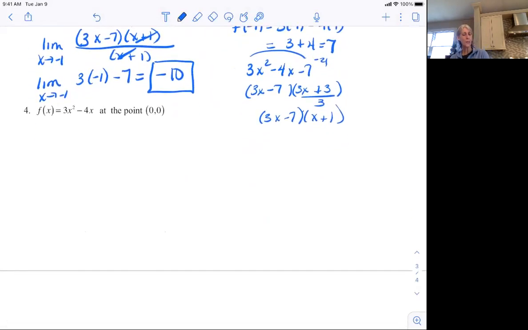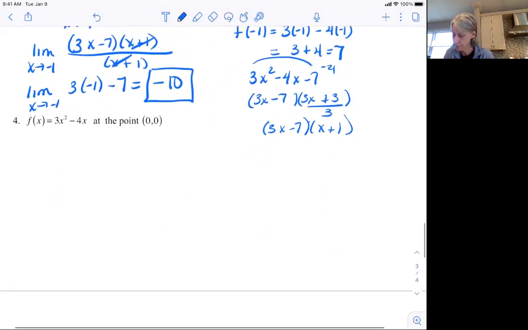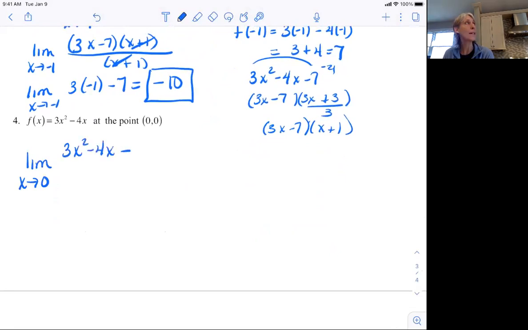In our last example, we're going to do 3x squared minus 4x at the point (0, 0). f(x) minus f(0), you can do this one in your head, over x minus 0. When you see x minus 0 on the bottom, that's really just x.